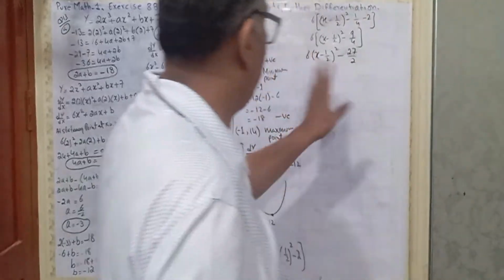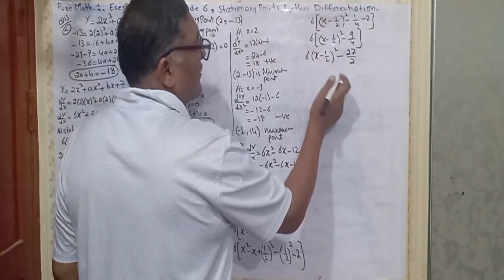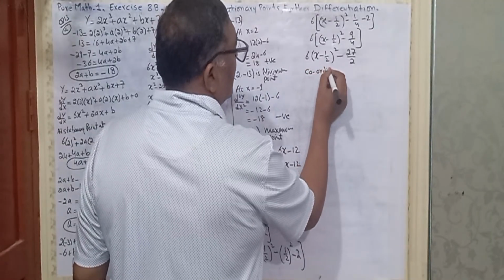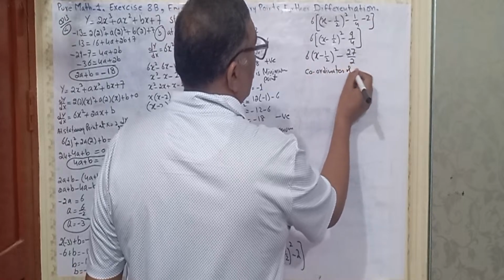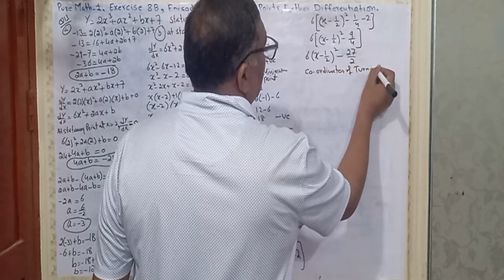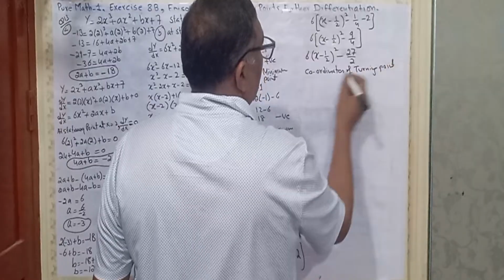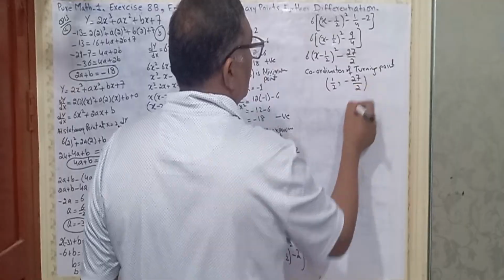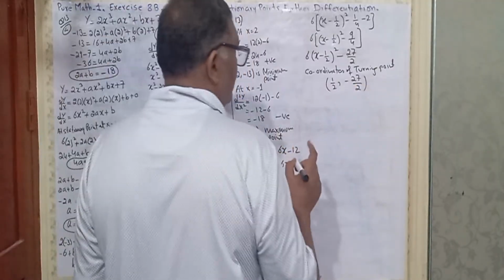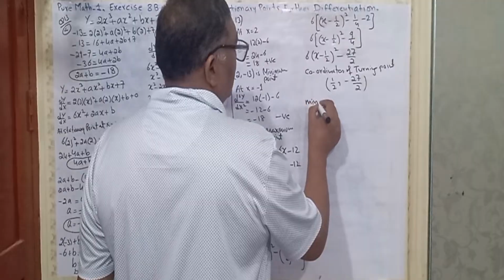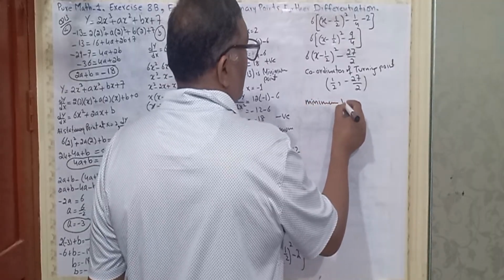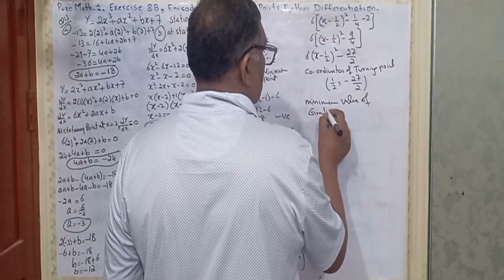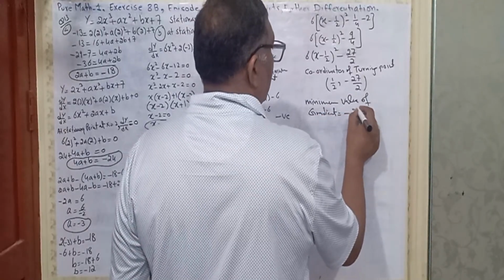So now this completing the square has been done. These are the coordinates. You change its sign. The coordinates of turning point are 1 by 2, comma minus 27 by 2. So the minimum value of gradient, I think, is minus 27 by 2.